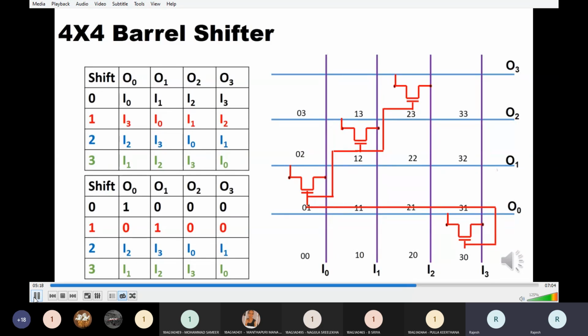It will result in a 1-bit right shift. If we compare the 0 shift data given in the table and the 1-bit right shift data, we had input 8, and after a 1-bit right shift we have data equivalent to 4. So we are able to divide it by 2.